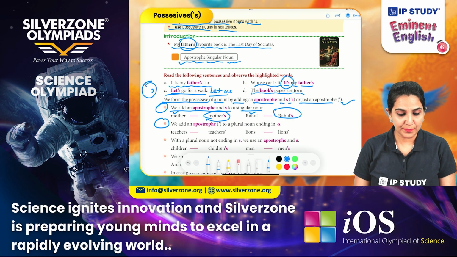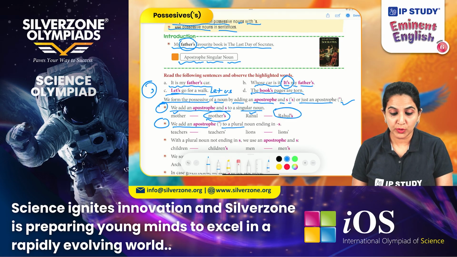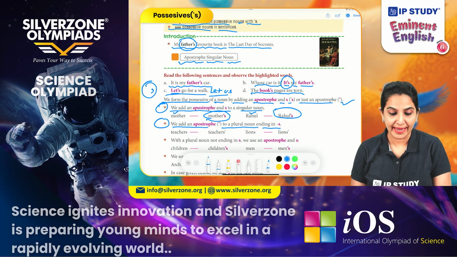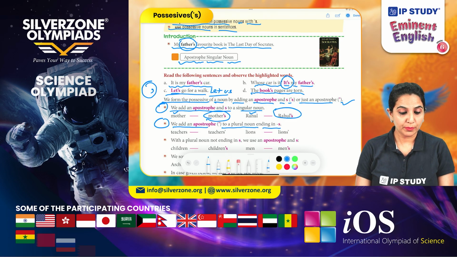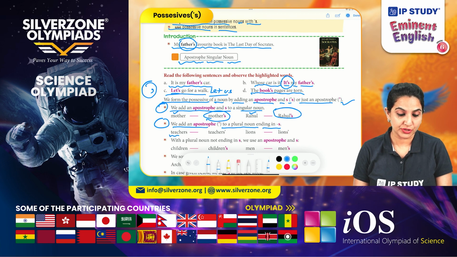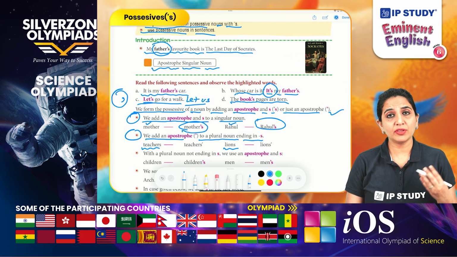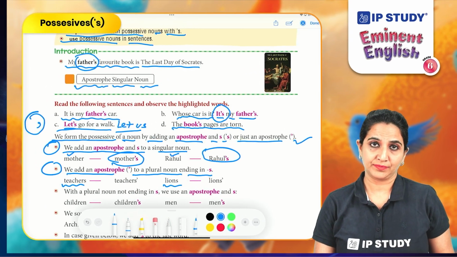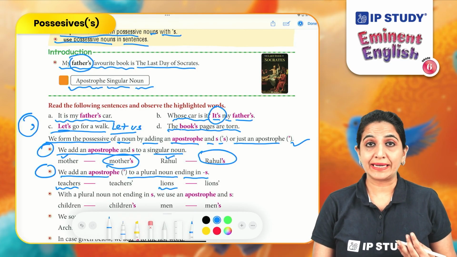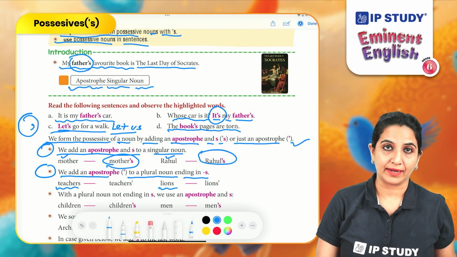We add an apostrophe to a plural noun ending in S. For example, plural nouns such as teachers, lions. Now they already have S at the end. Therefore, we do not need to add S again.